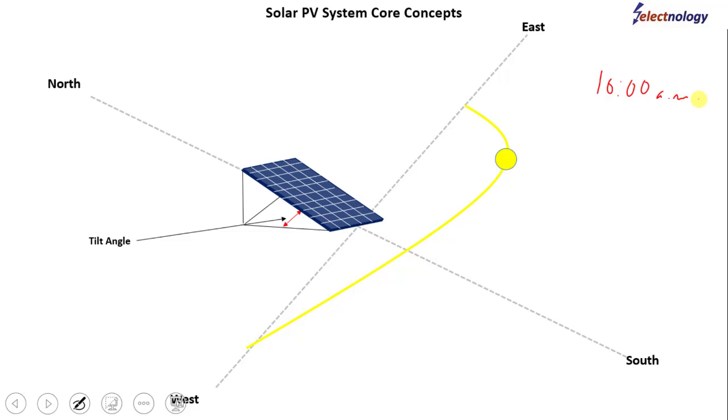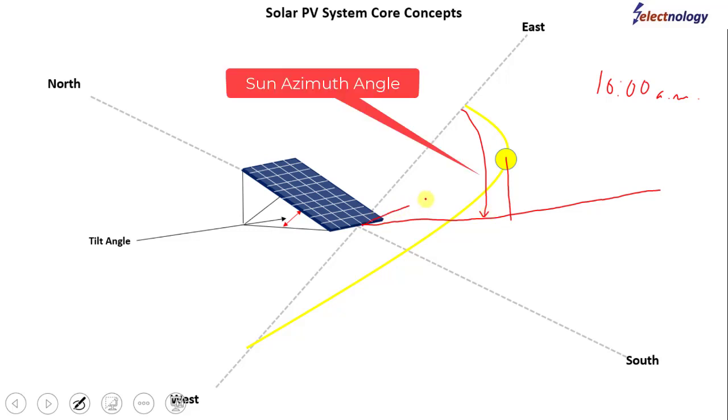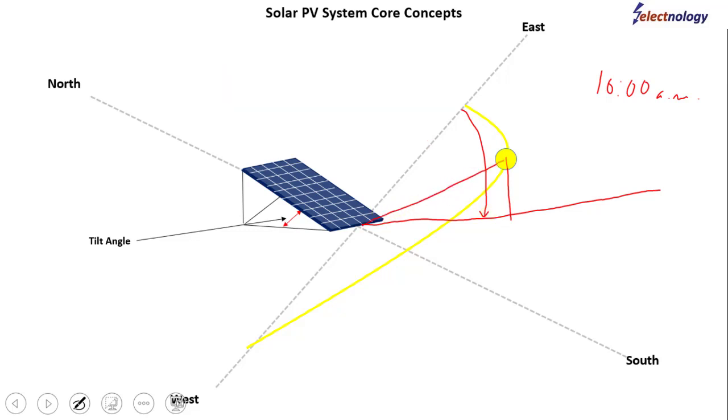Now obviously it will not be at the top of its position because it's not 12 p.m. This sun shall be making a horizontal and vertical angle with respect to its position. Now let's assume that if we make a horizontal projection over here and measure its angle with respect to the east, it will have an angle, and similarly it will have a tilt angle.